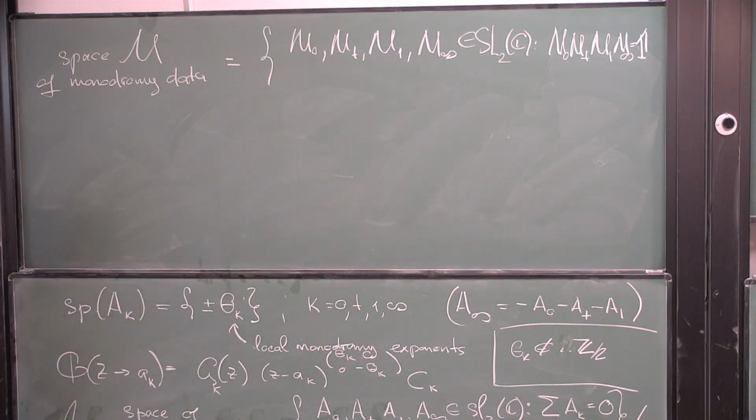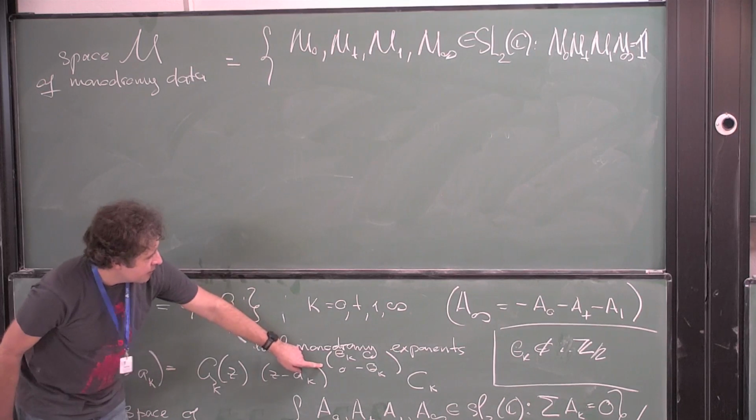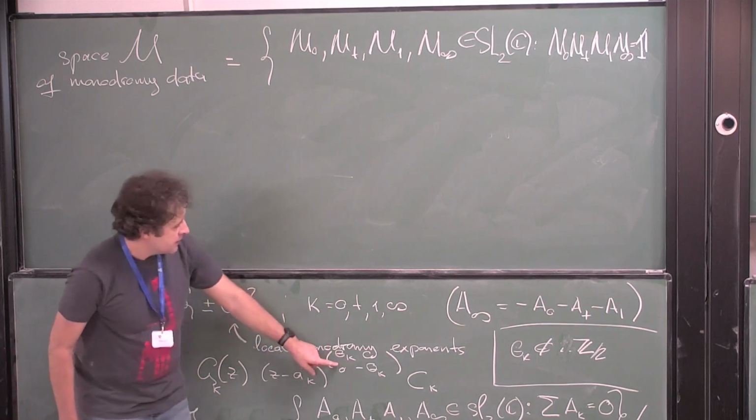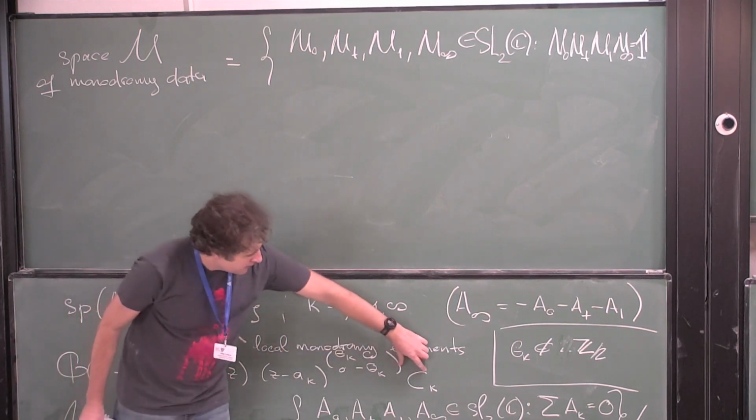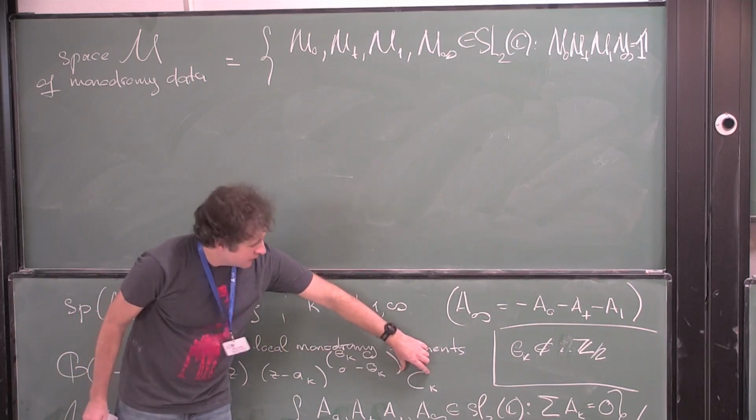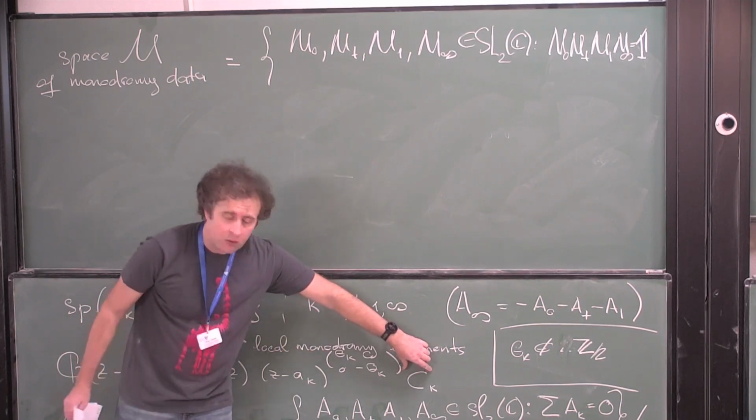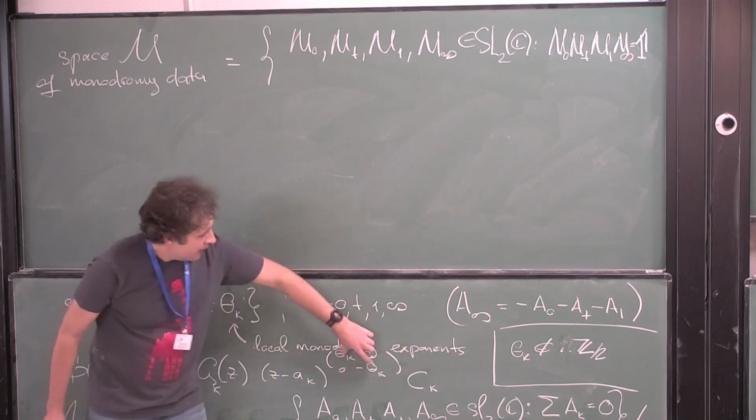From this behavior, you can express these monodromy matrices in terms of these constant matrices C_k, called connection matrices, and thetas.